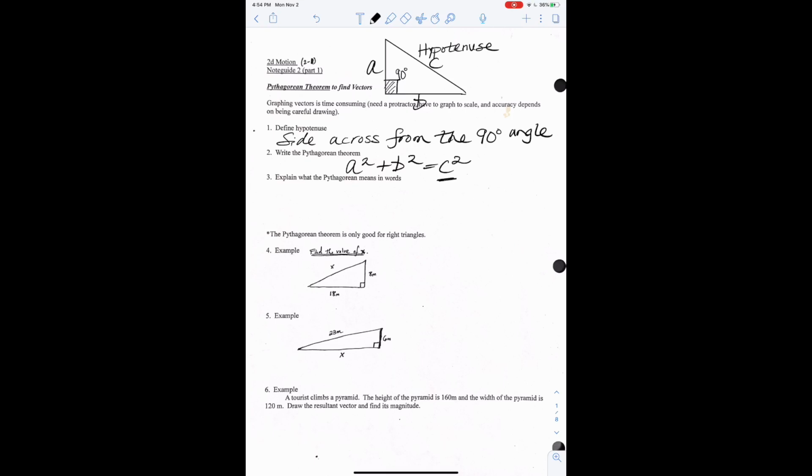So that's worth writing down, that the hypotenuse is always the longest side of a right triangle.